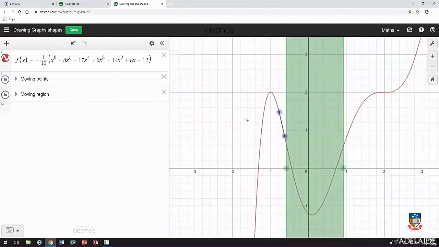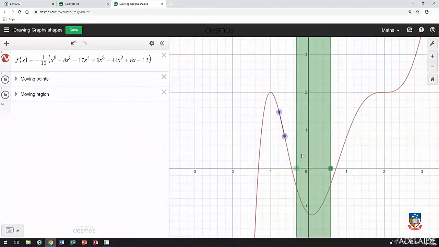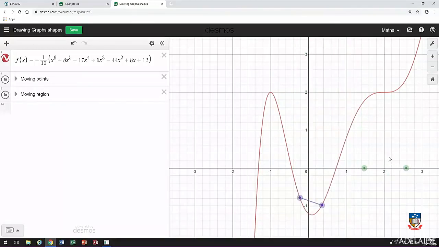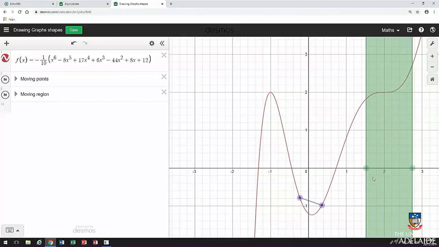I still talk about regions. So on this region, because every line segment connecting two points on the graph in that region is above the graph, it's concave up there. Now there are some issues. At a point like, I keep doing it, don't I? On this region, it is neither concave up nor concave down.